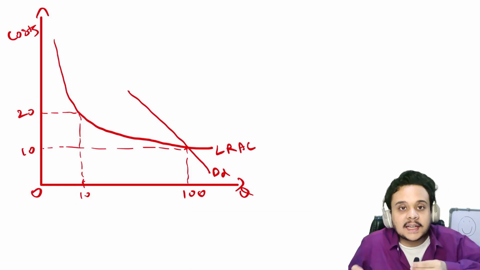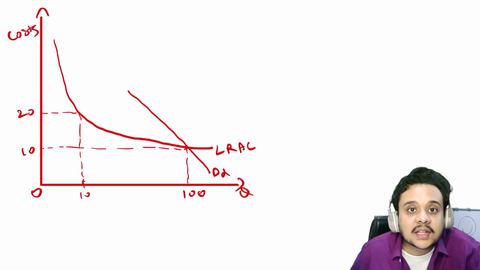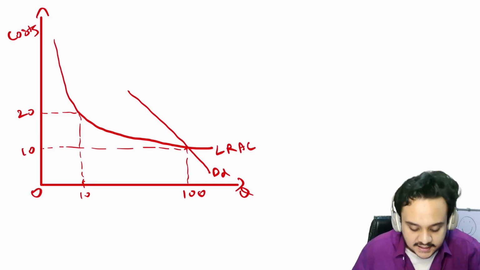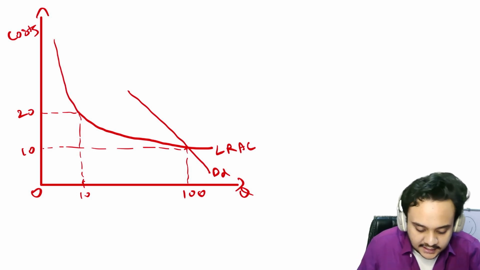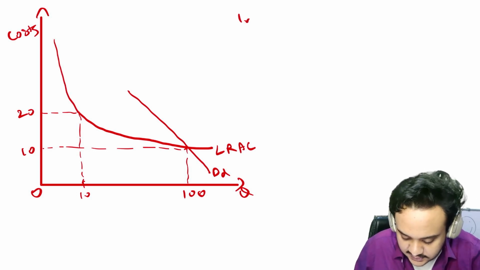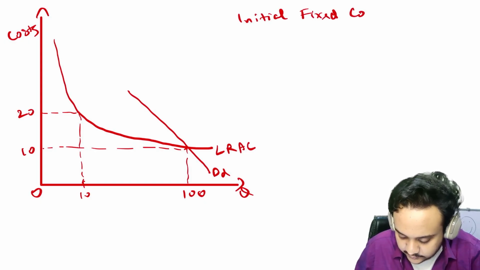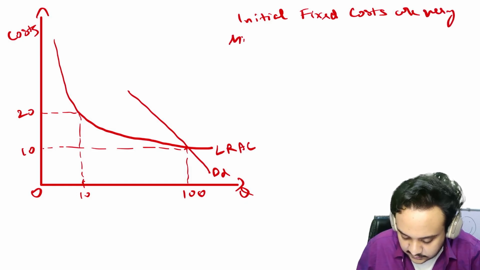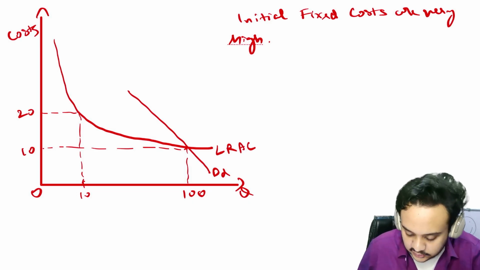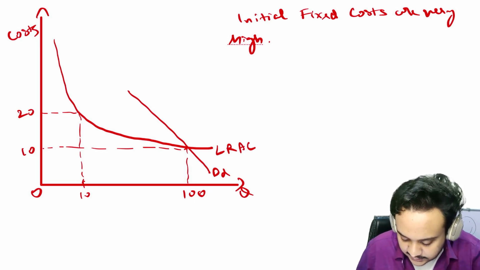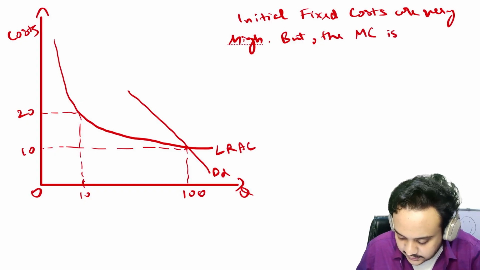Why? Because the nature of this industry or this market is such that the initial fixed costs are very high. That is the nature of this very industry. But we have also seen that the marginal cost is very low.